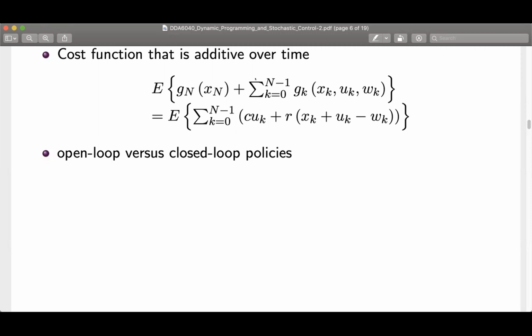Or if you're lucky and this is linear, it's even simpler, you can use linear programming to solve it.